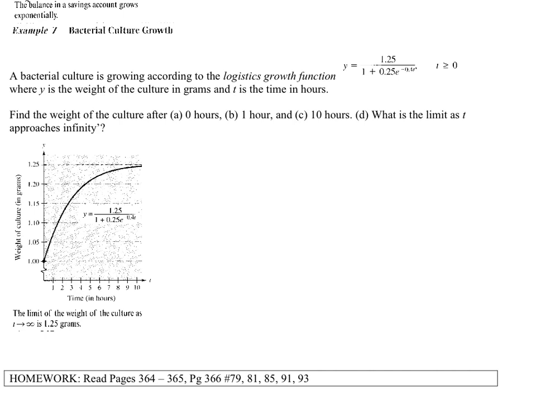Okay, in this model, y is the weight of the culture in grams, and t is the time in hours. So we want the weight after 0 hours, in other words, at the beginning.